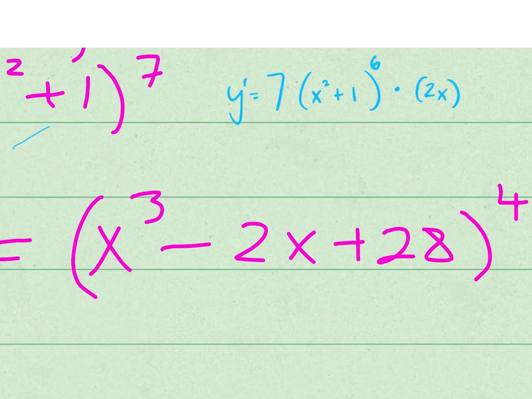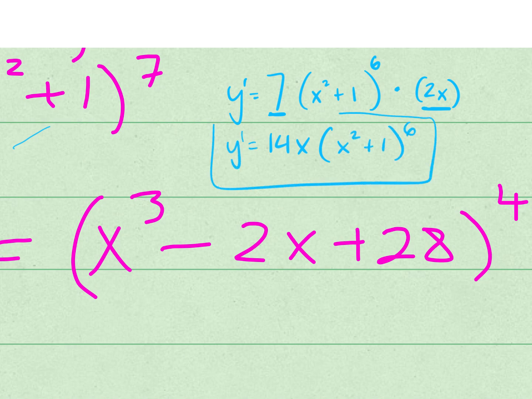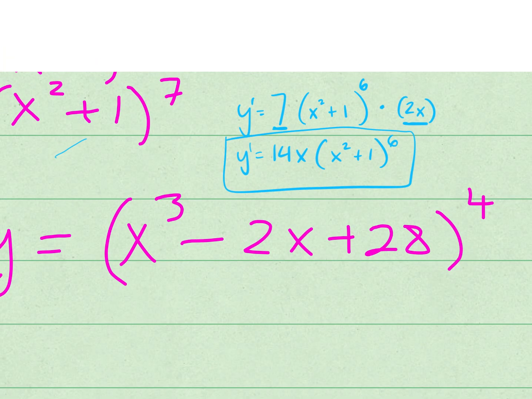We can do a little bit of simplifying here. 2x times 7 would be 14x. So we have 14x times x squared plus 1 to the 6th power. We can't distribute inside the parentheses because it still has an exponent. So it's always the derivative of the outside times the derivative of the inside. Any questions here?